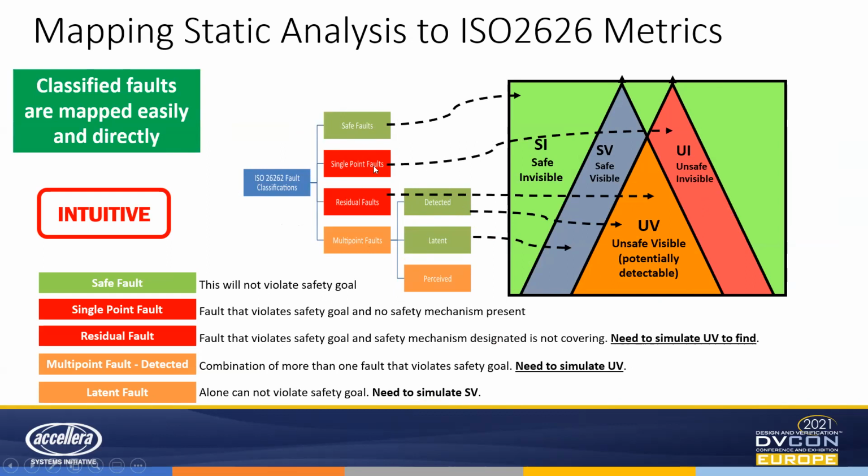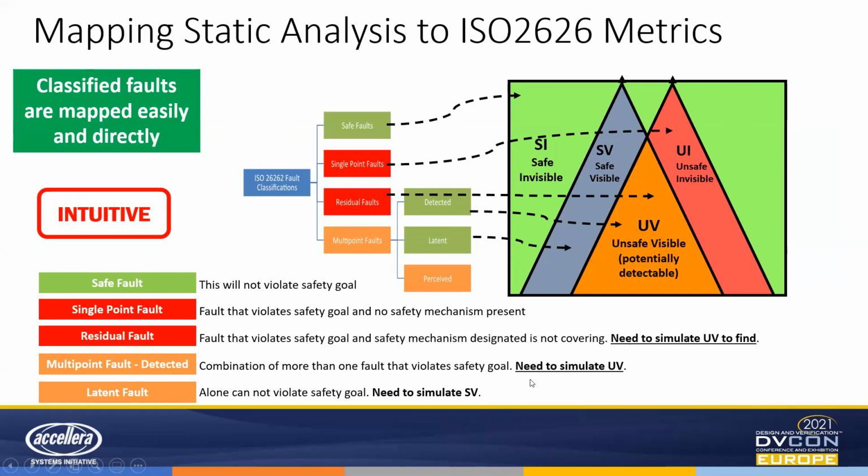UI simply goes into single point faults, and residual faults will get into UV, because these are the faults which are both detectable and violating the safety goal. Unless you simulate it, you will not know if the safety mechanism is working properly for all the faults. So what we are going to do is go to the next level and simulate them. Detected is this; latent fault is SV. The fault is present, but it's not visible, so that's why we can mark this as a latent fault.